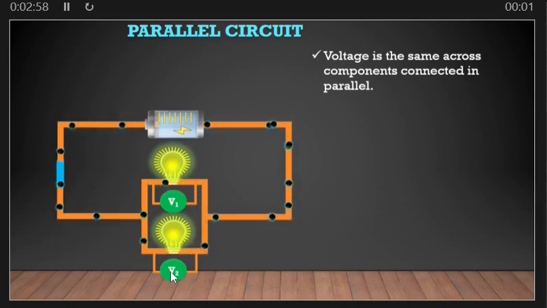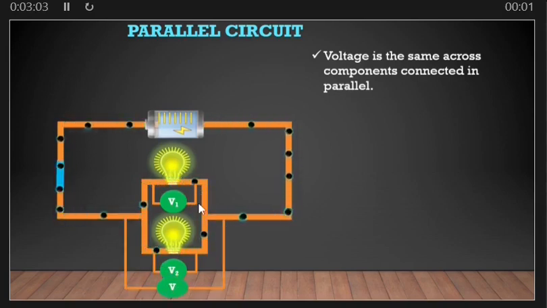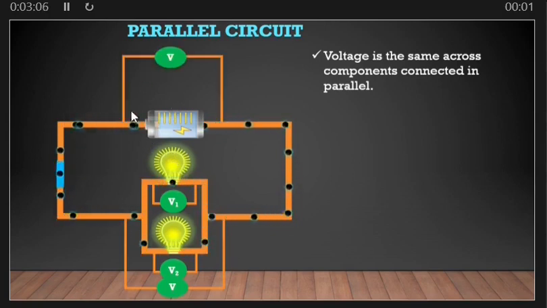Also, the voltage read across the cell will be the same as the voltage read across voltmeter 1, voltmeter 2, and this other voltmeter here.